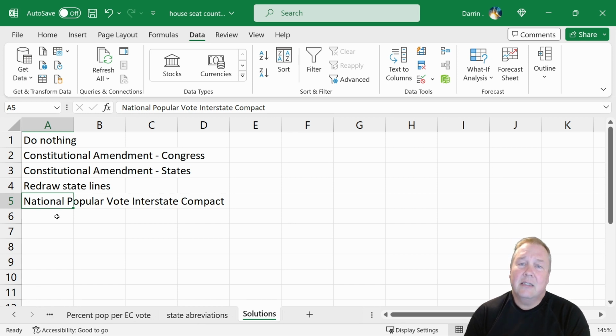Once enough states have ratified this compact and put it into their state law, at that point, those states are bound to always vote for the presidential candidate who had the most national popular vote, regardless of their own state vote. So this does not go into effect until they have enough states on board that it would actually constitute a majority of the electoral votes.